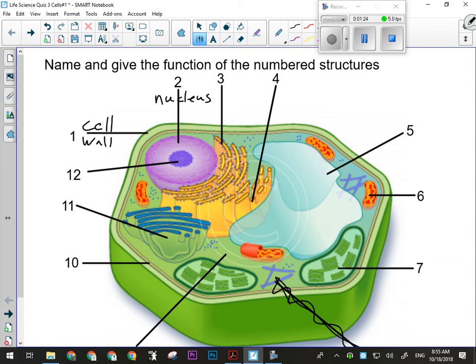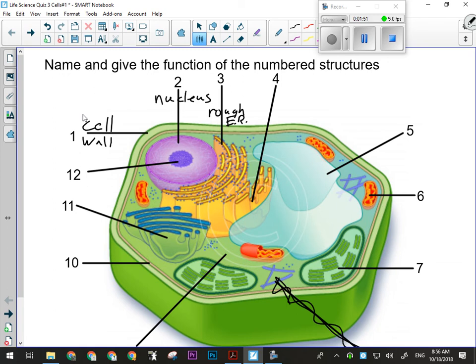Okay, the yellow stuff here with the blue dots on it is the rough ER. Okay, so 1 mark for rough ER and 1 mark for transports proteins. Doesn't store them, just transports them.